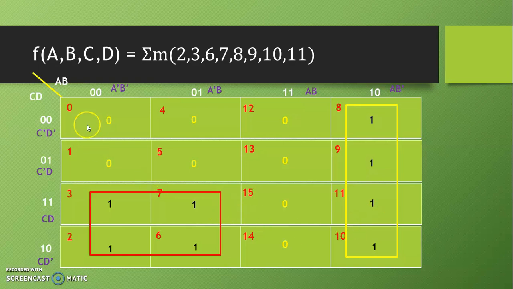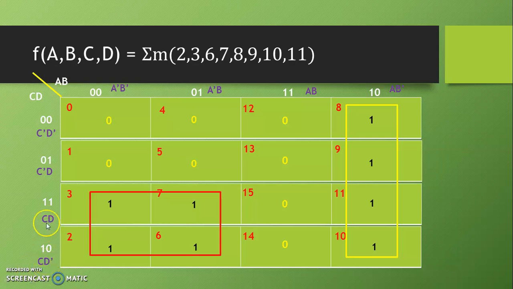If we travel horizontally, then we know that A bar B bar, A bar B. So A bar remains common. So we have to write A bar, but B bar to B, so that variable B we have to eliminate for this quad. And on the CD side, again, we can see that CD and CD bar.